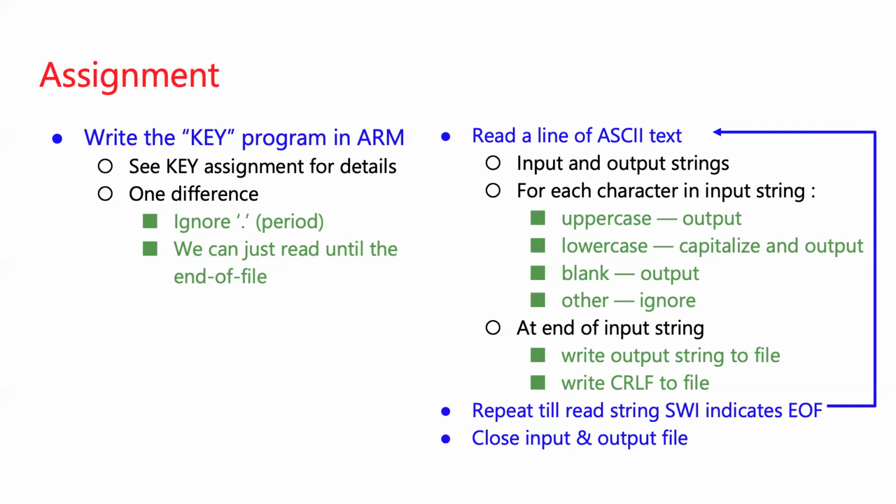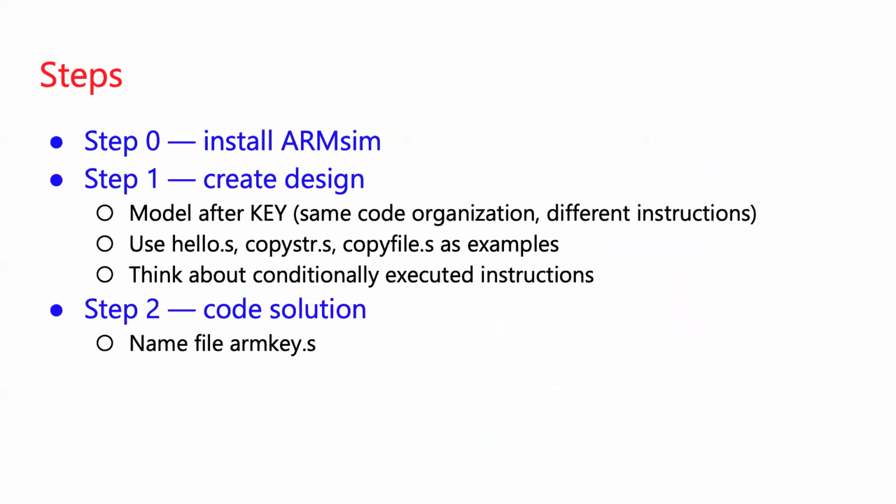You'll be reading in dot, but just ignoring it. It won't terminate the program. And instead of reading from the keyboard, you'll be reading from a file, and you'll be printing output to a file.